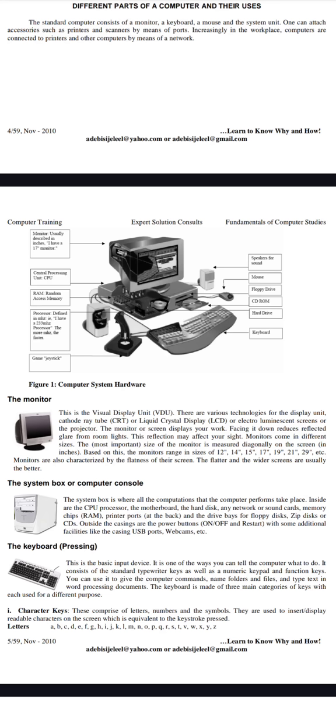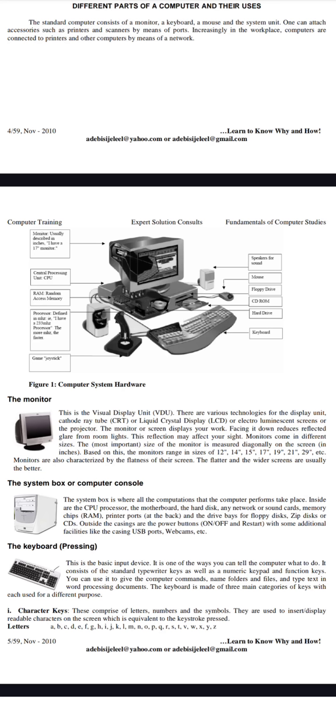The monitor or screen displays your work. Tilting it down reduces reflected glare from room lights. This reflection may affect your sight.